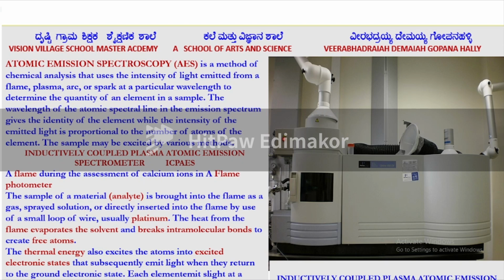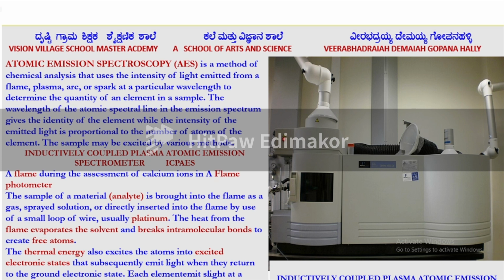Next, coming to inductively coupled plasma atomic emission, which is a highly sophisticated and recent instrumentation technology. A flame during assessment of calcium ions in a flame photometer. The sample of material analyzed is brought into the flame as a gas, sprayed solution, or directly inserted into the flame by using a small loop of wire, usually platinum.